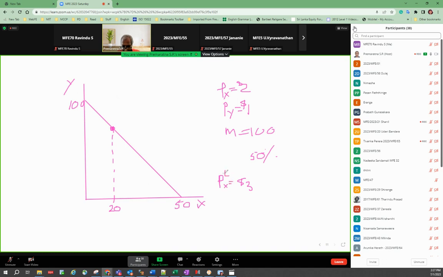So after that, the budget line when you draw is coming like this, steeper. Finally the budget line with this kind of tax policy becomes like this at this point, because with the tax it becomes steeper, without tax like that.